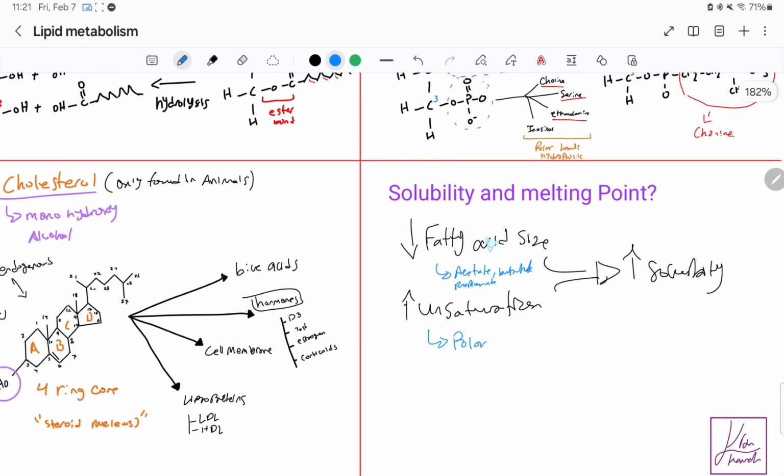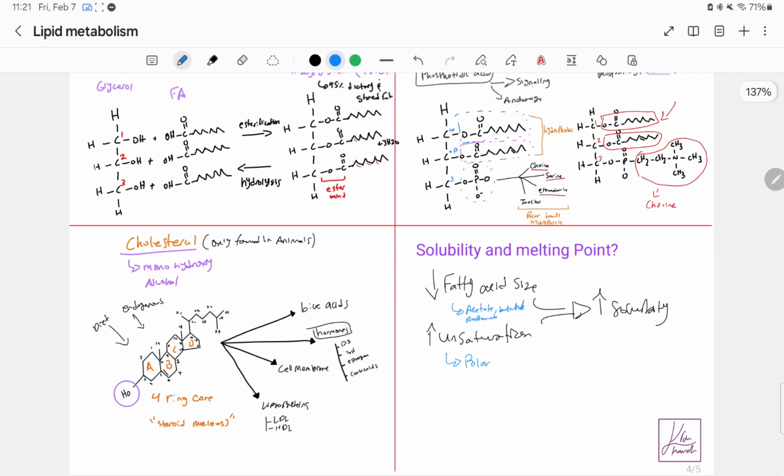Because fatty acids are very not soluble in water, they require a transport protein inside of the blood. But the ones that are shorter and have high unsaturations are more soluble. And by the way, the reverse is true. The higher the size and the lower the unsaturation, meaning more saturated, the lower the solubility.